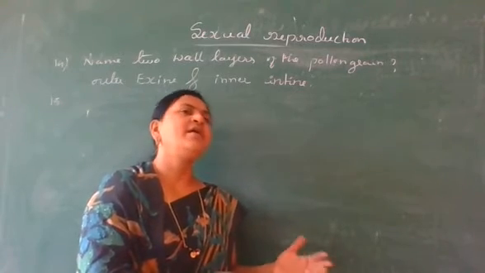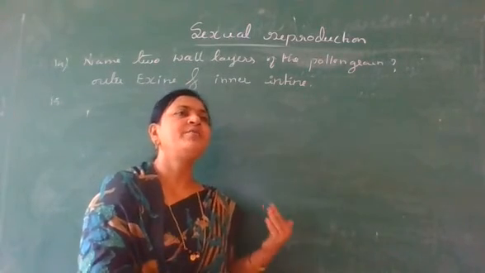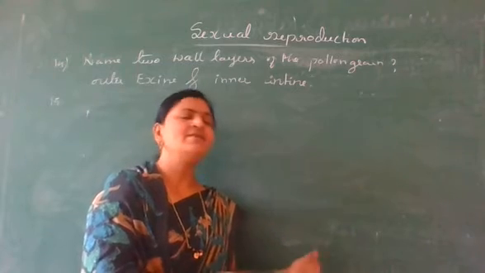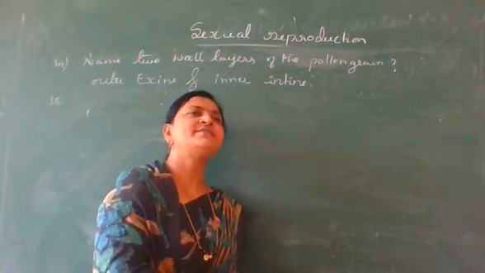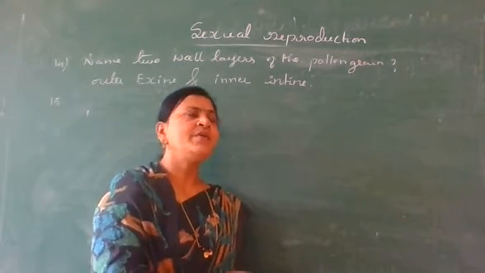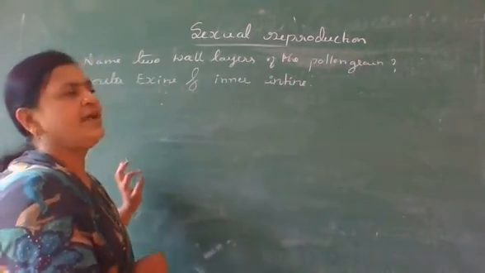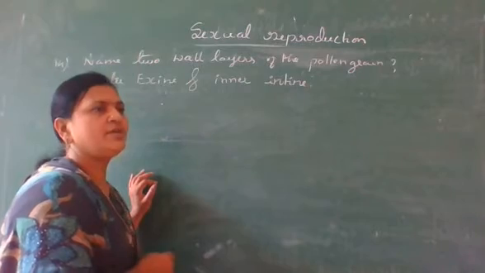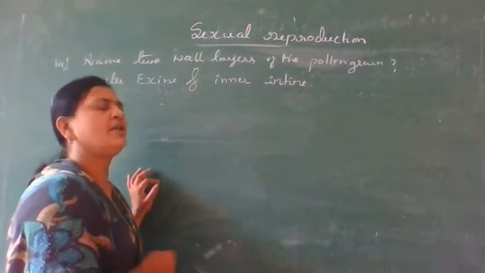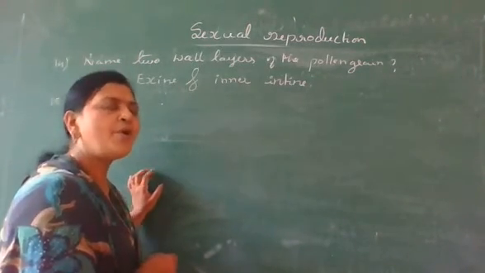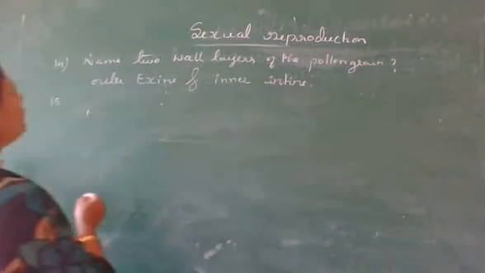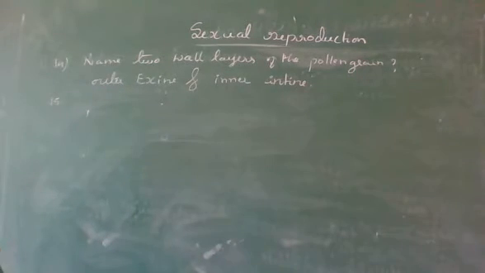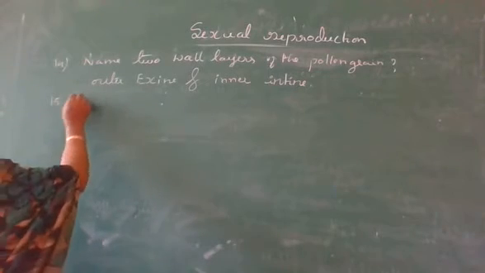It may be sunlight or chemicals like acids and bases. Because exine is deposited with the biochemical called sporopollenin.